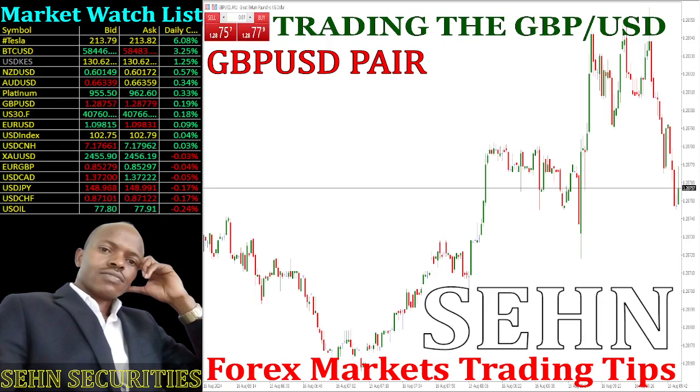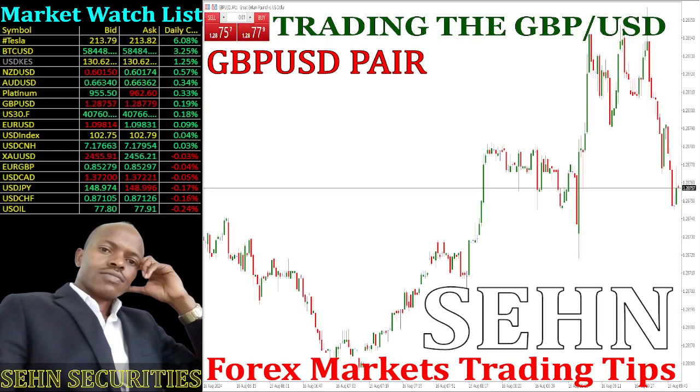Similarly, fluctuations in the Euro-USD currency pair can also influence the pound-dollar currency pair due to the Euro's role as a competitor to both the pound and the dollar in the Forex market. Furthermore, movements in global risk sentiment can impact the pound-dollar currency pair, because investors may shift their capital between currencies based on perceived risk and economic stability.